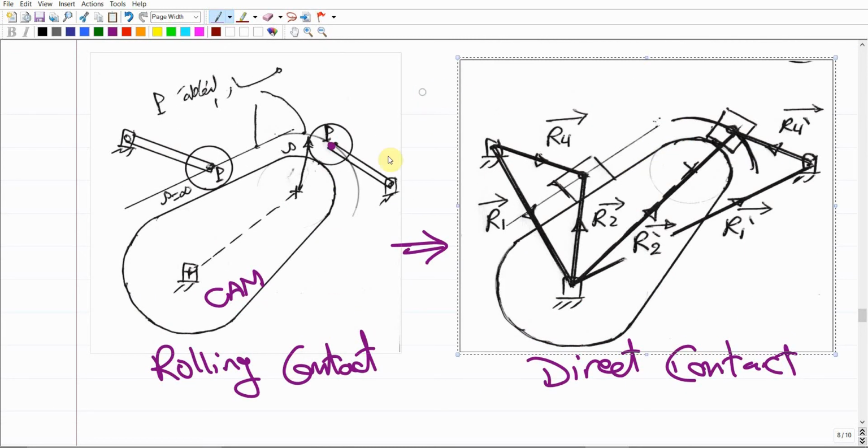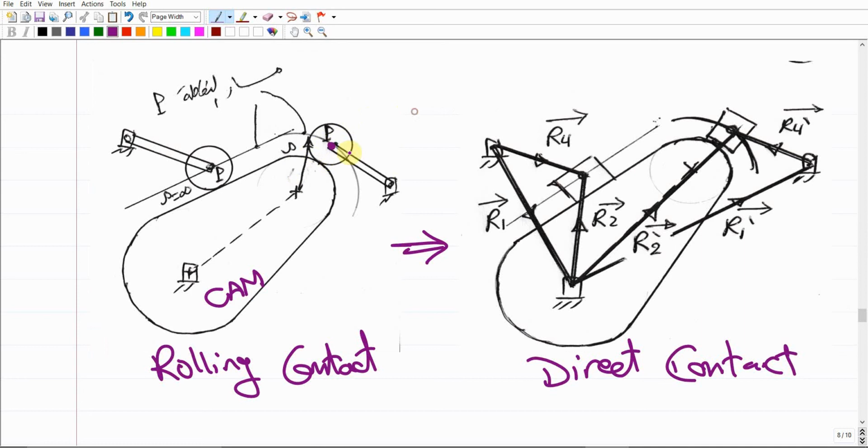So simply, if we consider this first follower, we're going to replace this one with a slider that slides over a curved surface, like this one. This is the slider, and this is the follower, and this is the curved surface. So what we're going to do is set up some position vectors.